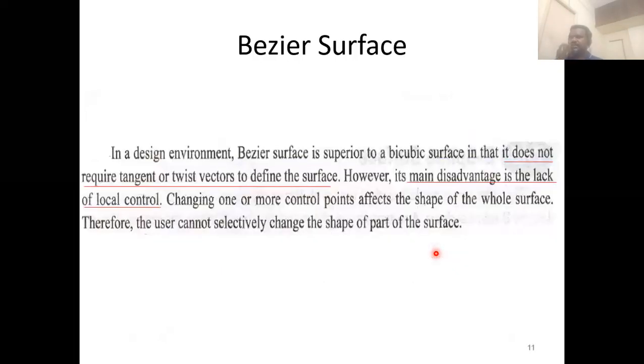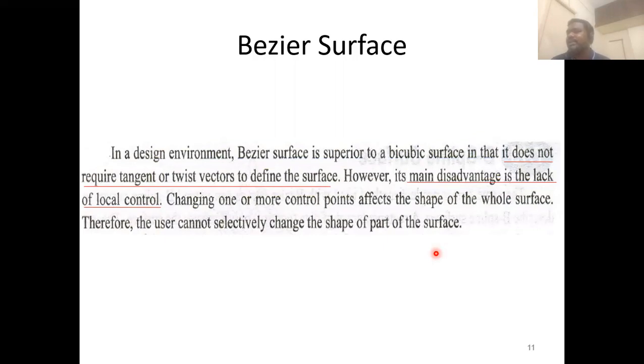So in a design environment, the Bezier surface is superior to the bicubic surfaces we discussed in the last class, because in bicubic surfaces you need to define the tangent vector with respect to U, the tangent vector with respect to V, and the twist vector, that is, dou P by dou U and dou P by dou V. All such things are required.